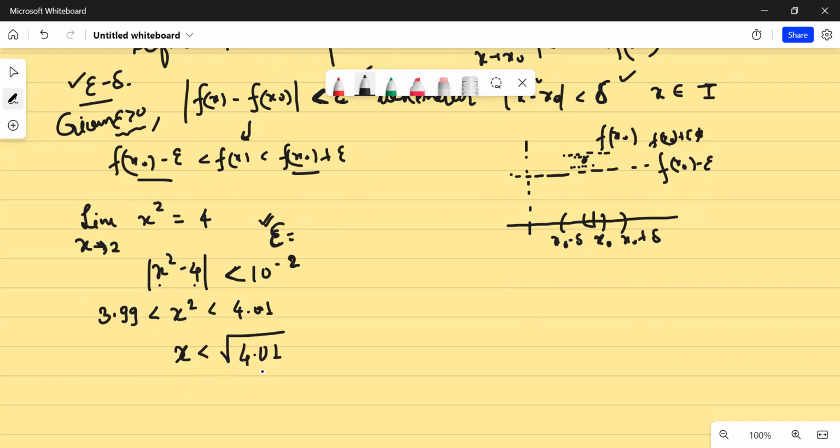Is that clear? Yes, sir. Okay, this is one thing. From this side I can write this, or I can write the square root of 4.01, let me do it on my calculator. So I'll get that also.